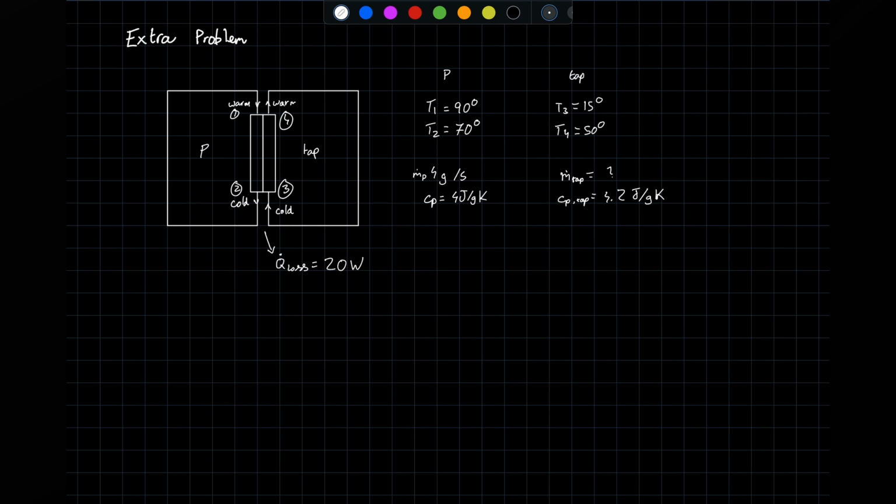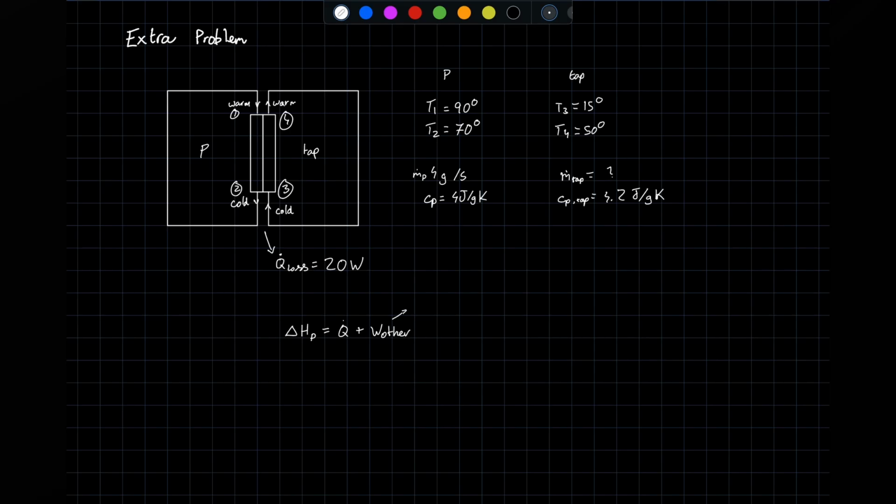So again, for this type of problem, the easiest thing to do is to work with enthalpies. So you know that your change in enthalpy of your primary loop will be the heat flow plus your other work.